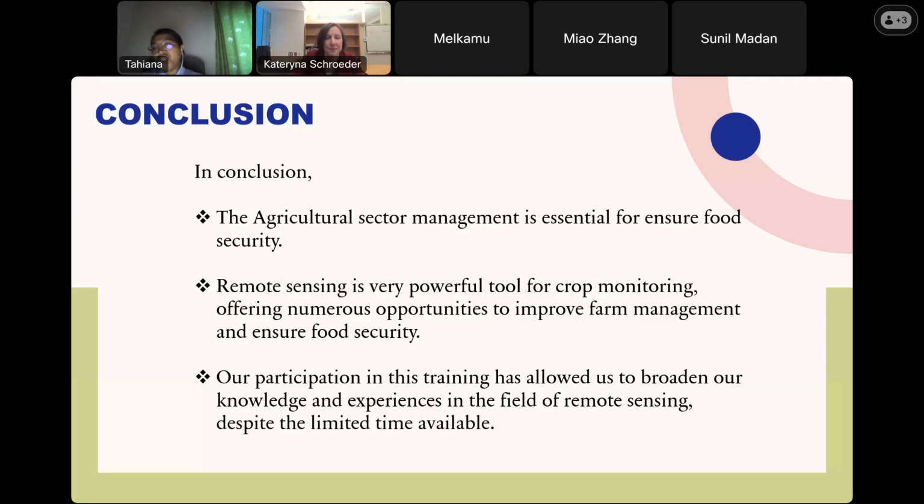It's a big challenge for Madagascar to use the CropWatch platform because of lack of budget and lack of data.